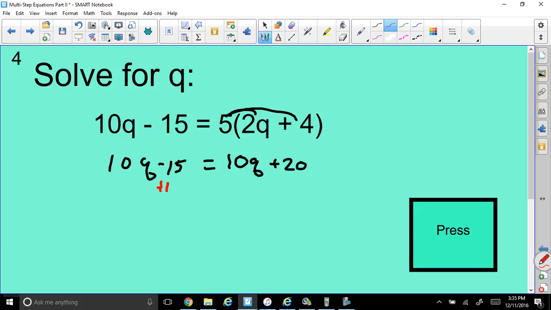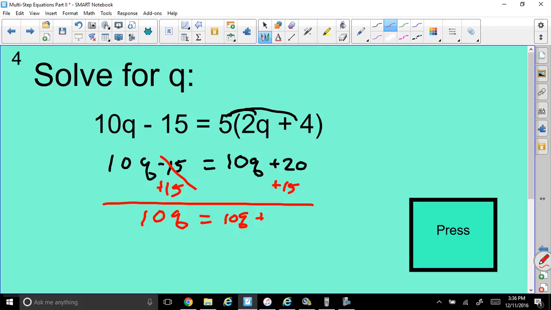So I'll make that positive 15 and make that positive 15, so that the 15s will cancel out, leaving me with 10Q equals 10Q equals 20 plus that, which gives me 35. Okay, so now let's solve for Q. Bring the Qs over, so we have a minus 10Q, bring that over so we can get it over here.